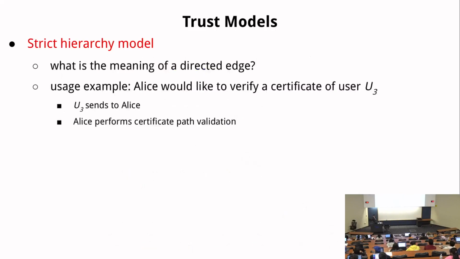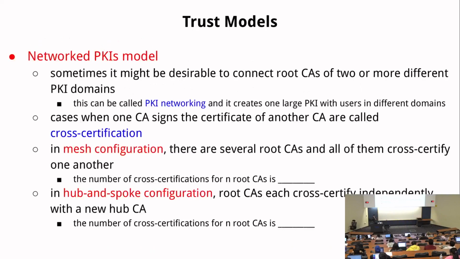Another approach is the networked PKI model. In this networked PKI model, we have multiple root CAs, and they have their own tree, their own domain, and we want to use one CA to sign the certificate of another CA, or even a child in the tree structure of another CA.